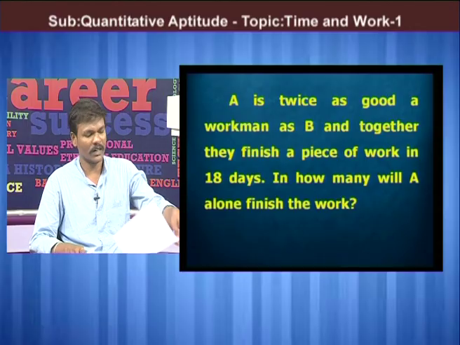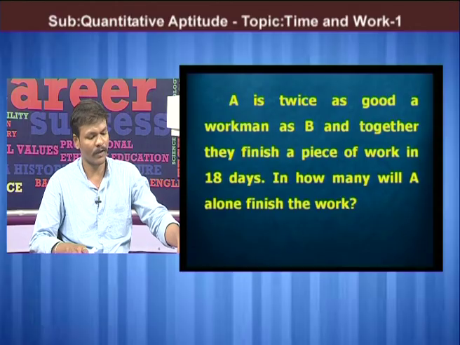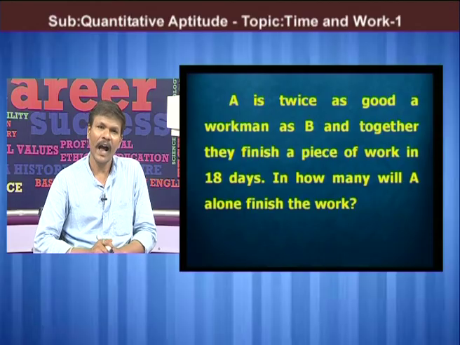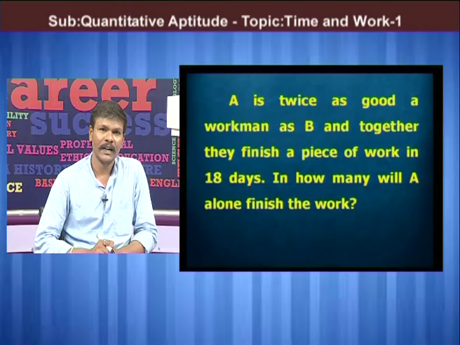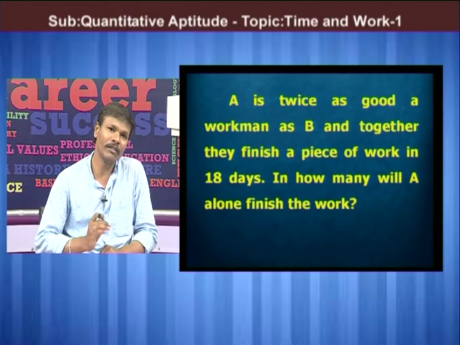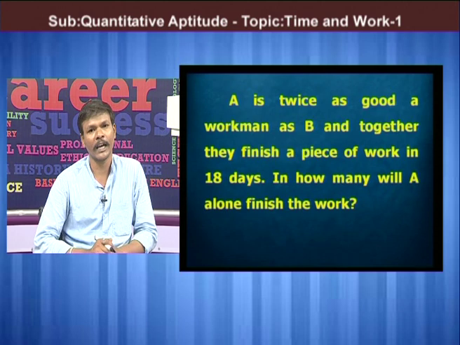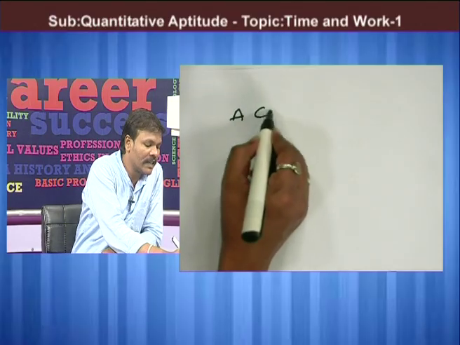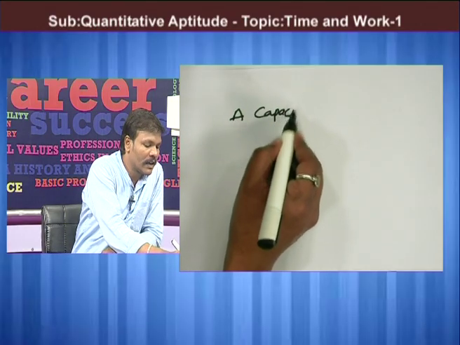Before this question we take one concept for this. What is that concept? Twice as good a workman means the sentence states the capacity of working: A's capacity, B's capacity.